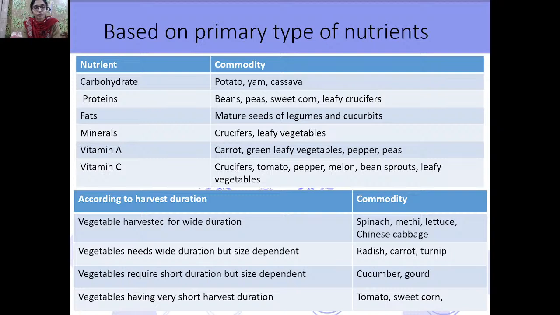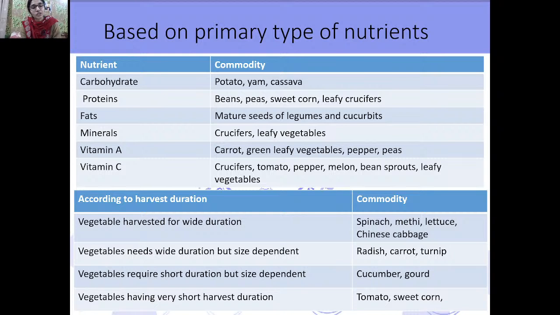Vitamin A, we are all very familiar that carrot is the richest source of vitamin A, likewise pepper, leafy vegetables. Then vitamin C: tomatoes, green chilies, crucifers, green leafy vegetables are all very good sources of vitamin C. So such kinds of questions also come.